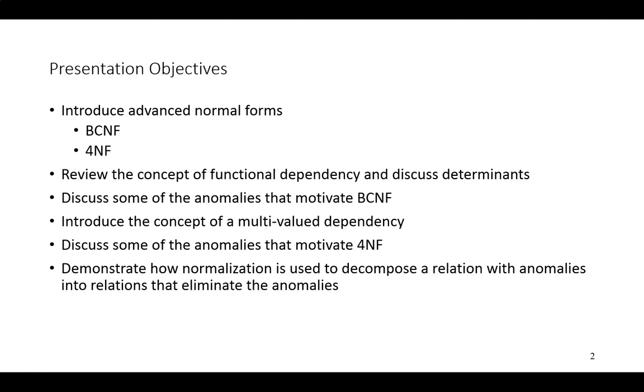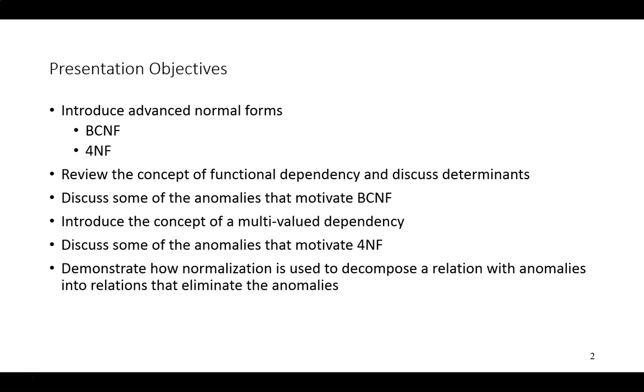The objectives of this current presentation include introducing the advanced normal forms of Boyce-Codd Normal Form and fourth normal form. We will review the concept of functional dependency, which was introduced in the earlier video, and use that to discuss a concept of determinant. We'll talk about the anomalies that motivate the need for Boyce-Codd Normal Form.